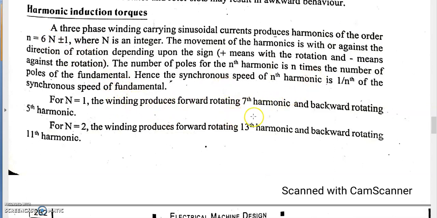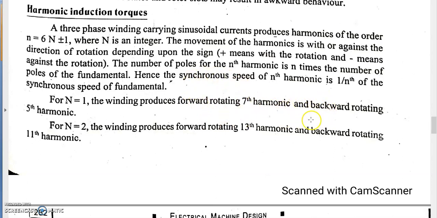The 7th order harmonic is 7 into 120, wherein 6 into 120 is equal to 0, so plus 120 remains. That produces plus 120 degree phase displacement, so that produces the harmonic torque with respect to motoring action.